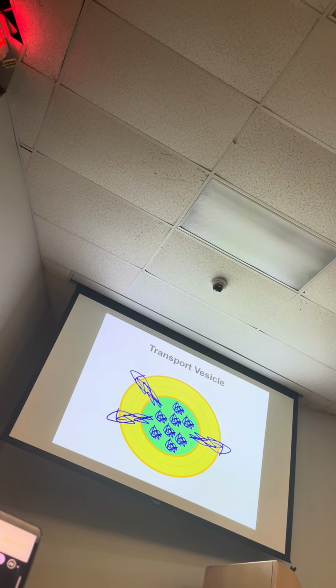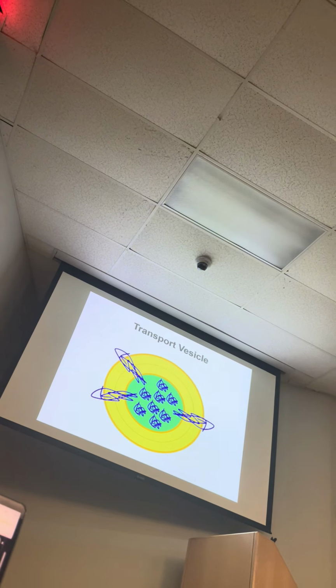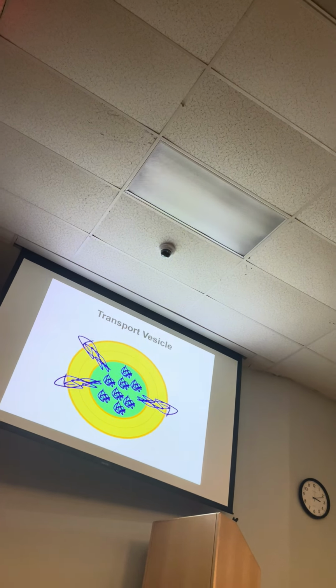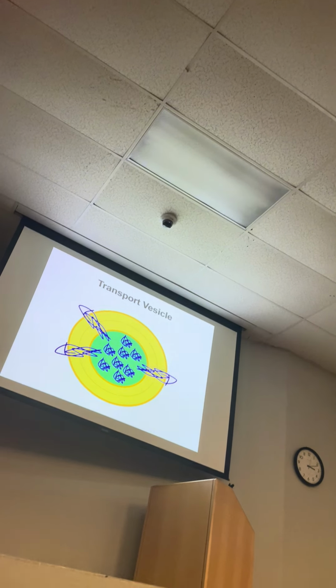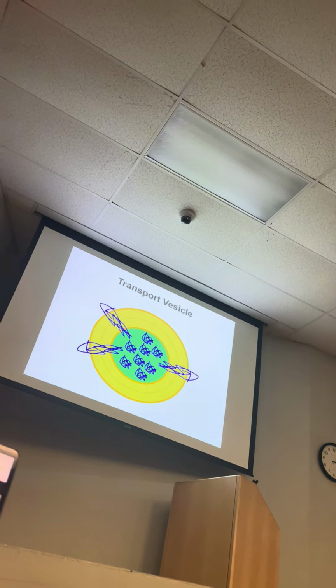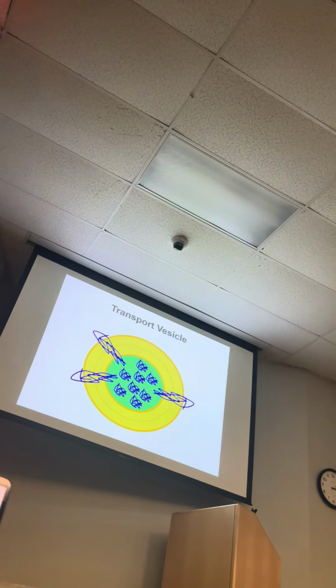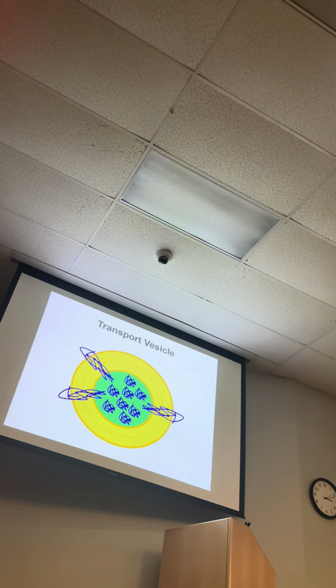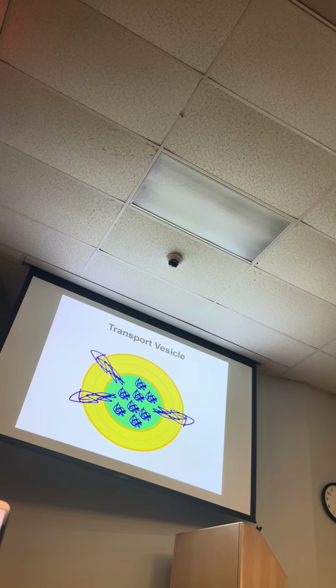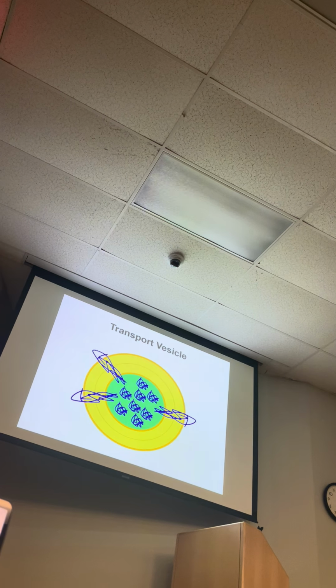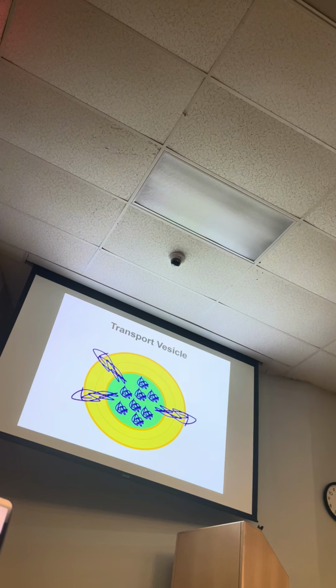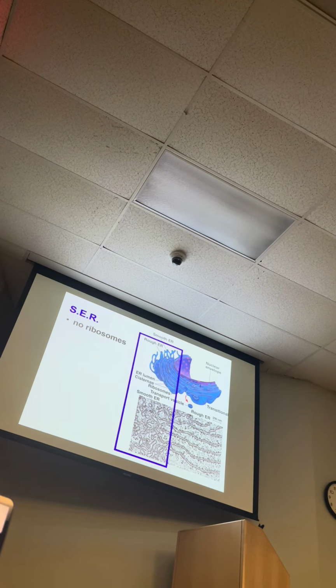There we go. There are proteins in this vesicle, right? And then some of them got stuck in the membrane. I wonder what's going to happen with these proteins. Some of them are membrane-affiliated proteins versus these that are inside and soluble within the transport vesicles.